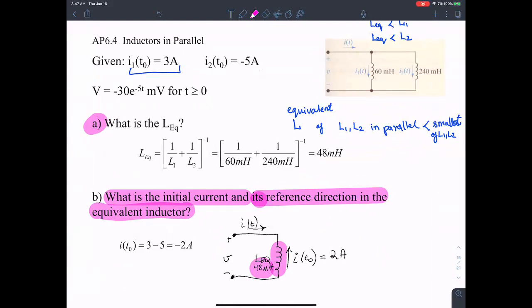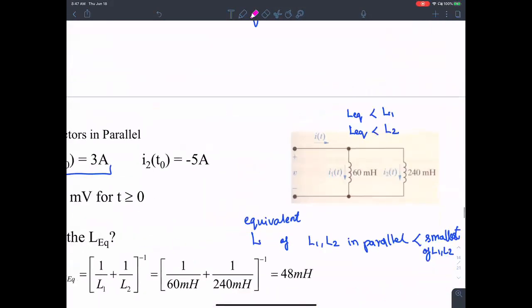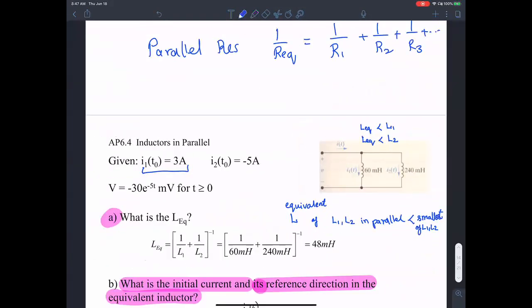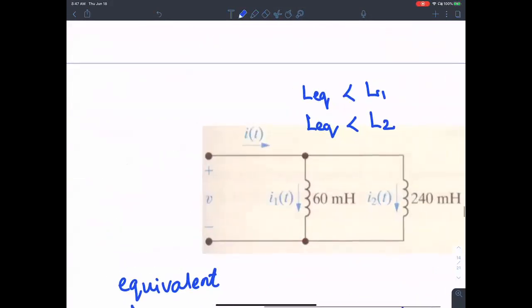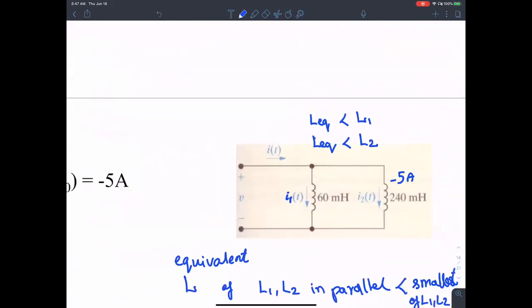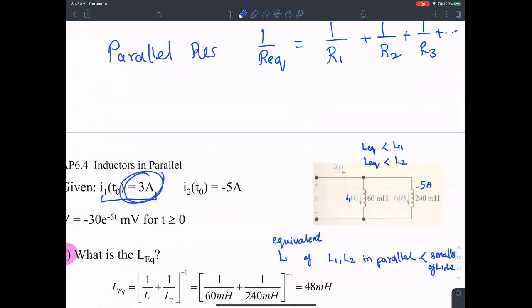I1 is given to be 3 amperes. I2 is given to be negative 5 amperes.